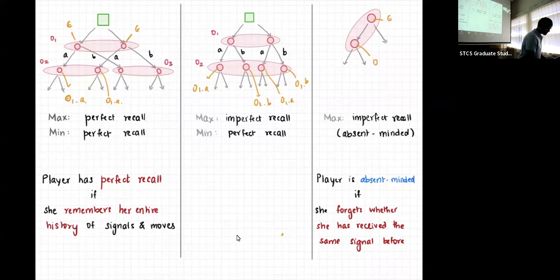If I put an L here, and this is called an O, it's O dot L. Within O, you have a node whose history talks about O. That means the player has forgotten whether she received the same signal before. This is a further level of imperfect recall. It's called absent-mindedness.